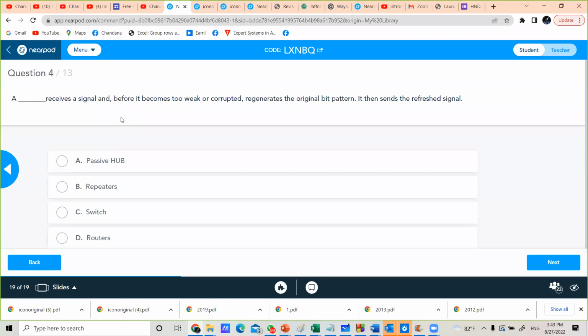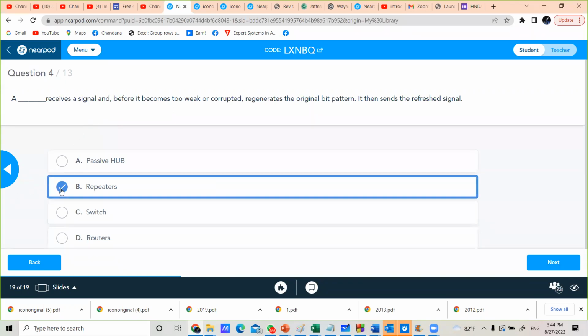Then they want to regenerate the signal, the same bit pattern, with increased strength. What is the device used to increase the strength of the signal? Here, the repeaters. They are using repeaters to maintain the strength of the signal.